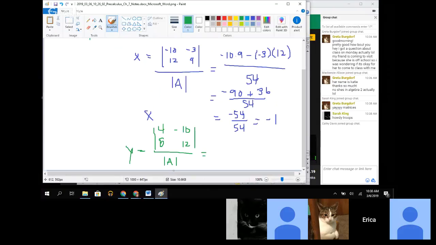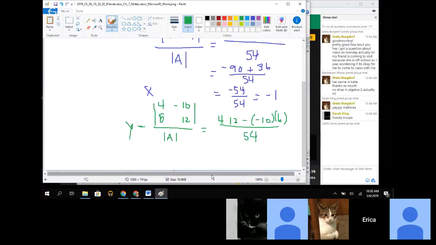Okay. So again, we can find the determinant. It's going to be 4 times 12 minus -10 times 6, all over the determinant of A, which is 54. So this becomes 48 plus 60 over 54.